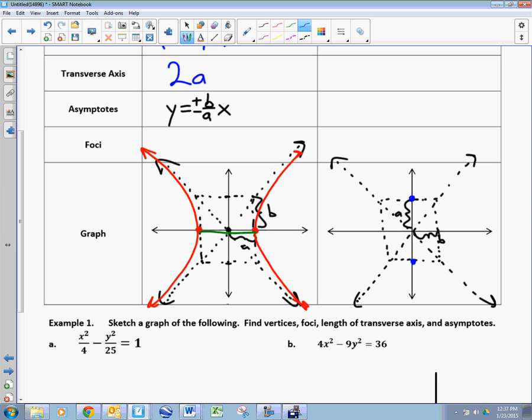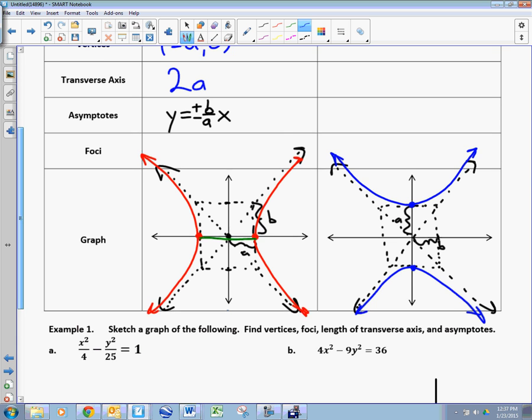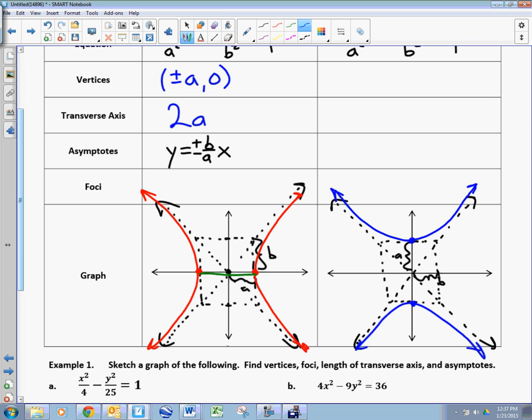If it's vertical, so that means that the y value is positive, then the vertices sit at the top and bottom of the box, and we draw it again as it approaches the asymptotes. Who can tell me the location of the vertices? You are so smart.